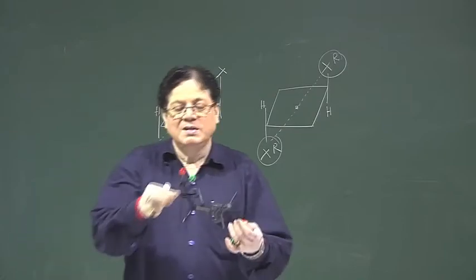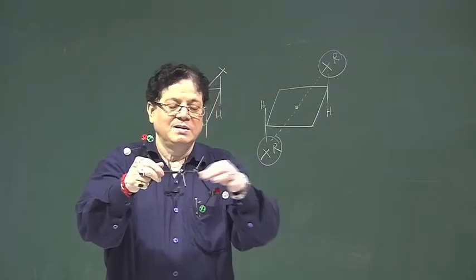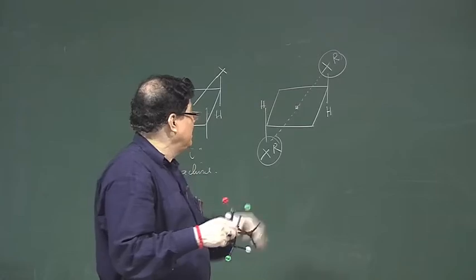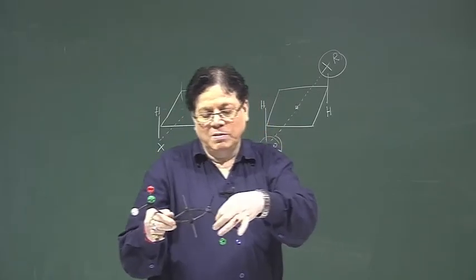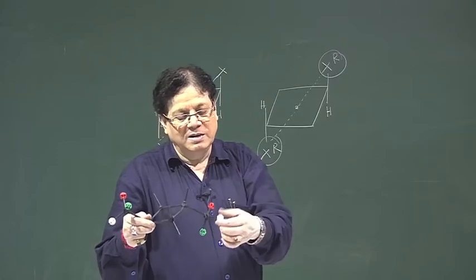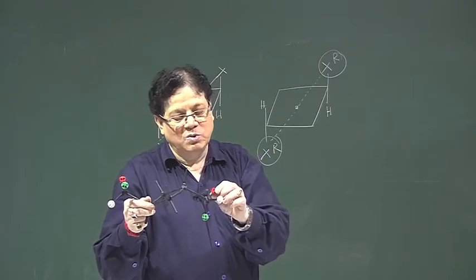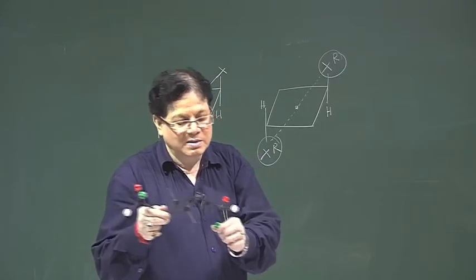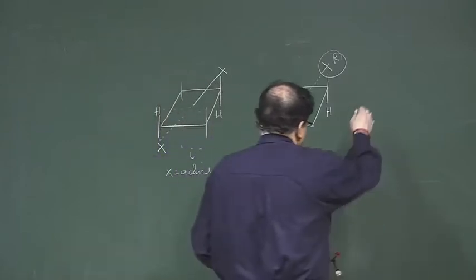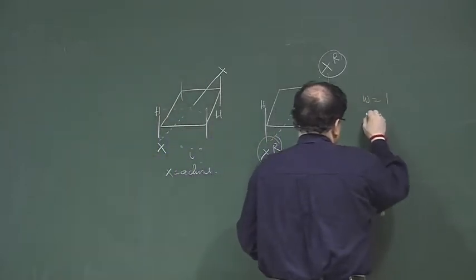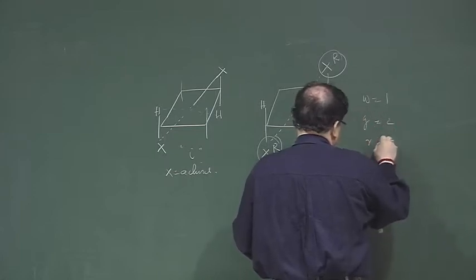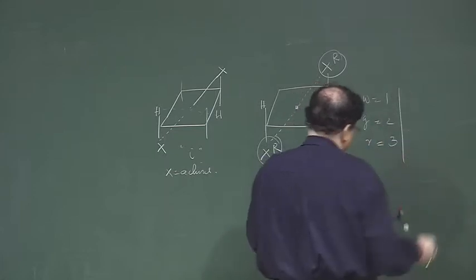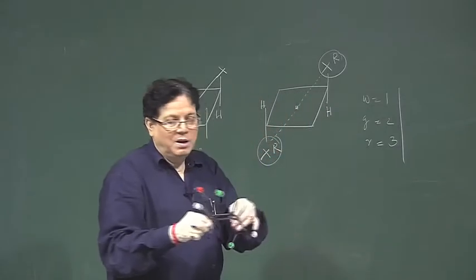Suppose this is XR and suppose it is in the R configuration. Suppose this carbon is the group of least priority, and white is 1, green is 2 and red is 3, and the carbon is the 4th priority.